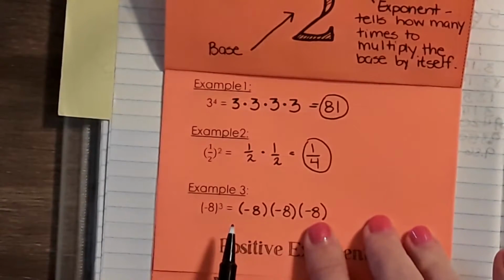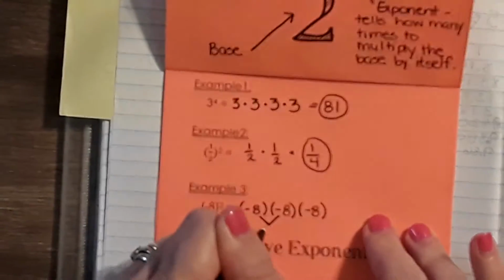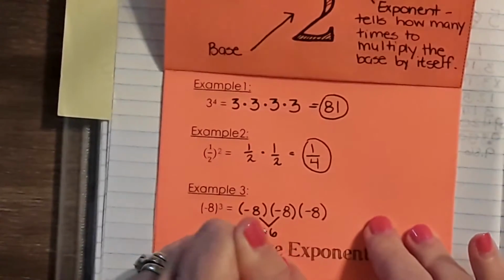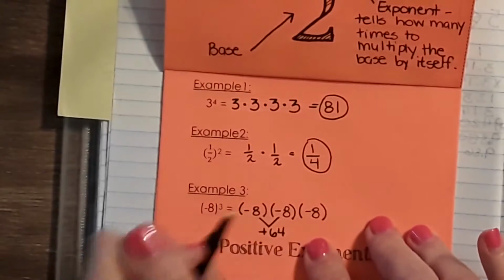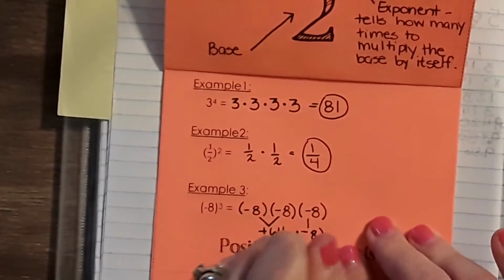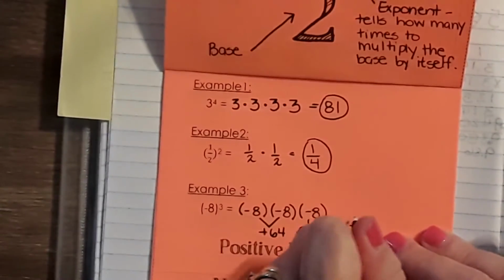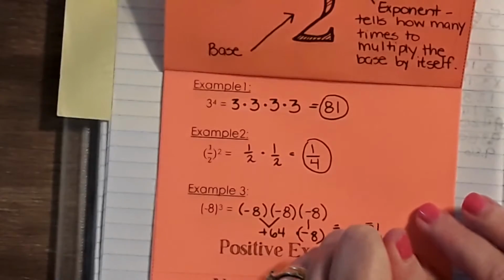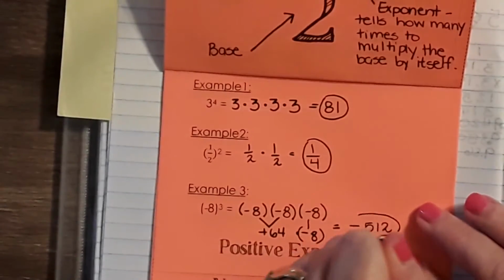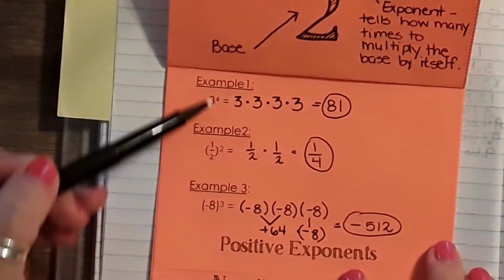A positive times a negative is a negative, and you can even write it here, positive 64 times -8, okay, is going to give us a negative answer. So it's -512.